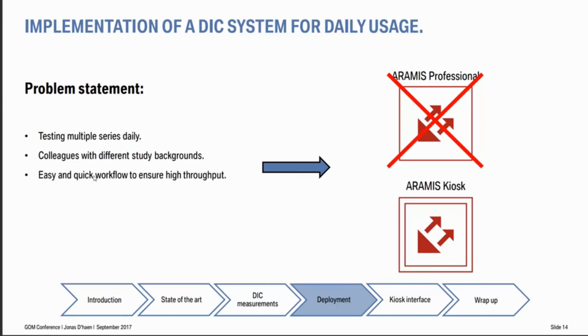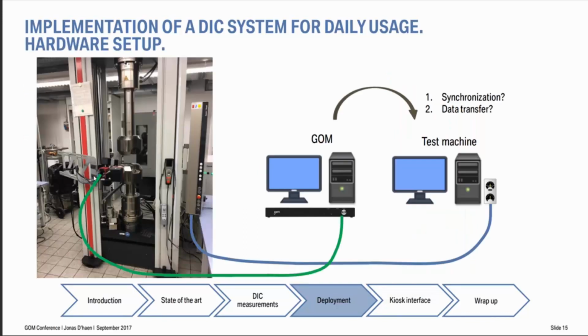So you don't have to be an expert, and the whole setup they chose makes the workflow a lot quicker, user independent, reliable and repeatable. So it's really an industrial setup that they have achieved here.